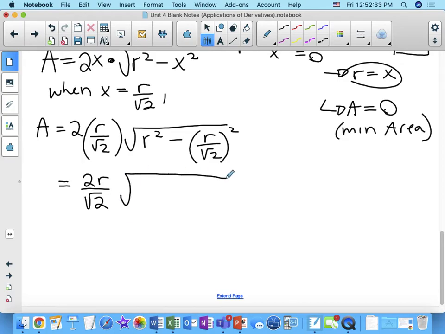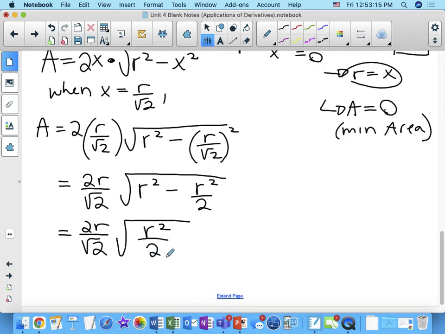Okay, so there's not much we can do here on the outside of the radical. This is just 2r over root 2. But let's see what we can do on the inside. This is going to be r squared minus, if I distribute this in the numerator, I'm going to have r squared, and in the denominator, root 2 times root 2 is 2. And r squared minus r squared over 2, or r squared minus a half r squared, this becomes a half r squared, or r squared over 2.